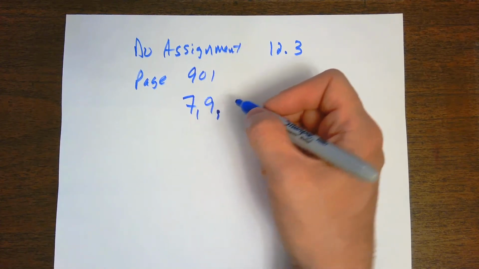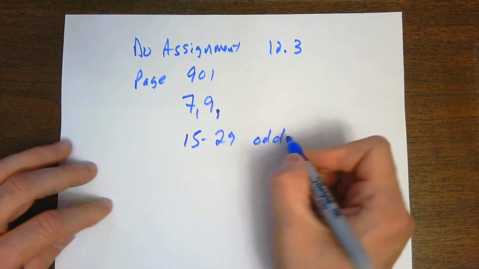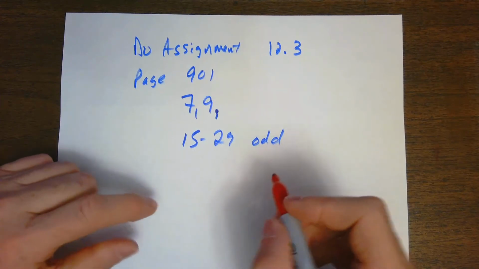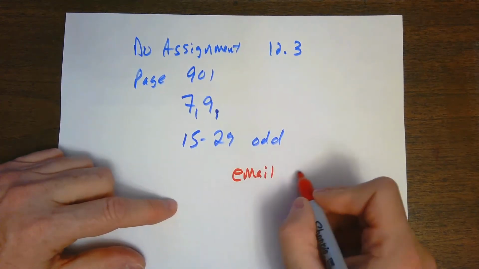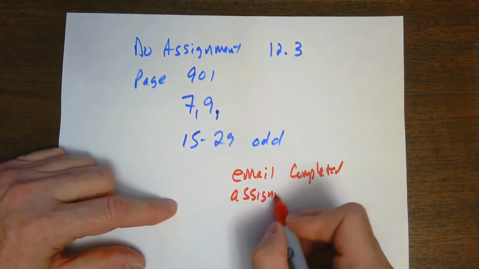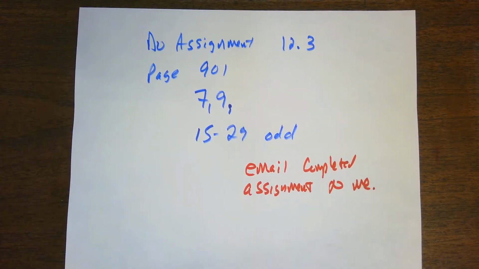And then I want you to do 15 through 29 odd, which are a bunch of solving systems using Cramer's rule, what we just did. Okay, and if the determinant of the coefficient matrix turns out to be 0, then all you can say is you cannot solve it using Cramer's method. That's all we know. Once you're done, I want you to email the completed assignment to me. I'll grade it and put it in the grade book.